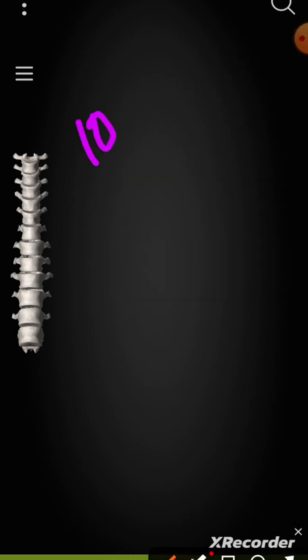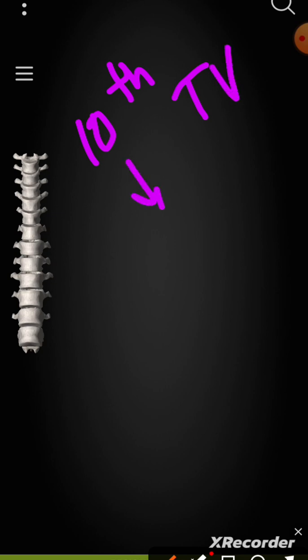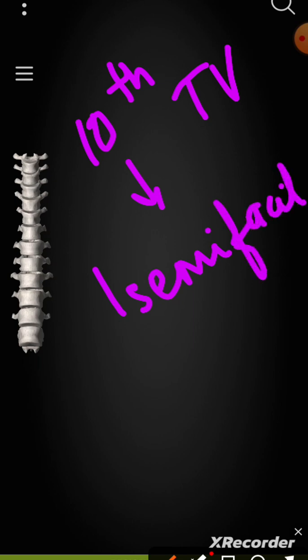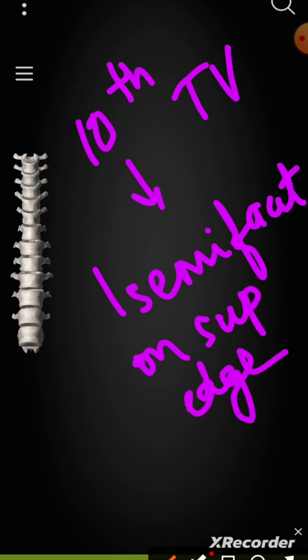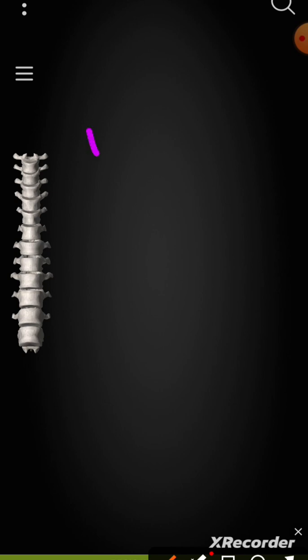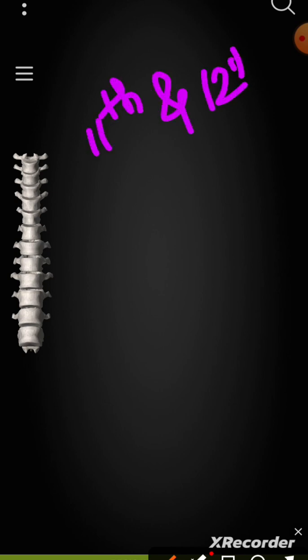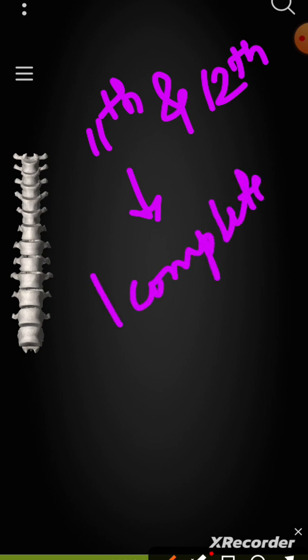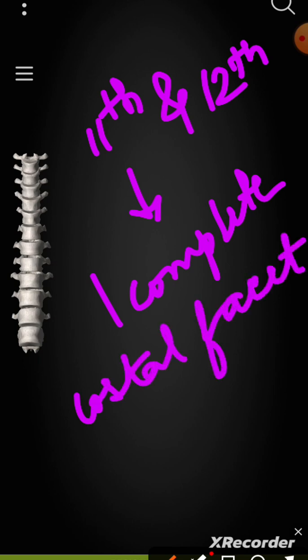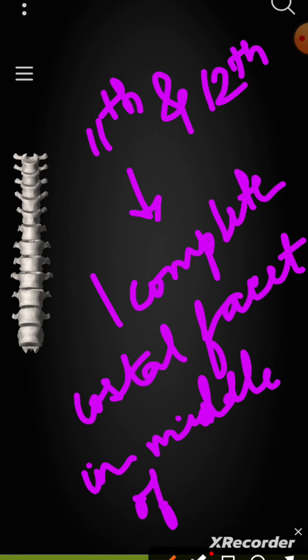Now the 10th thoracic vertebra has one semifacet on the superior edge, and the 11th and 12th have one complete costal facet in the middle of each lateral surface, okay.